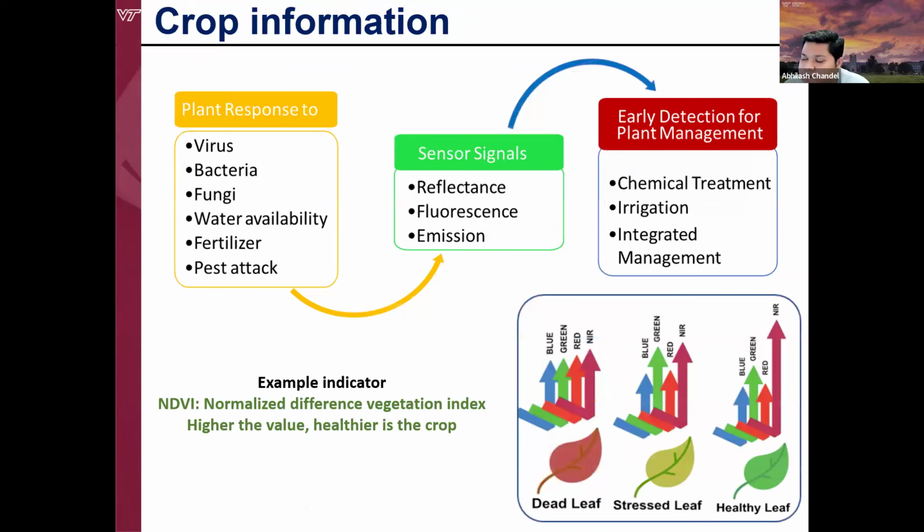And then ultimately the crop information, that crop will respond to its interaction with external agents, be it farm operations or any kind of stressors like bacteria, virus, fungi, water availability, fertilizers, pest attacks. And of course, that is reflected in sensor signals. This specific tool talks about remote sensors based on satellite cameras that can detect these sensor signals and help interpret.